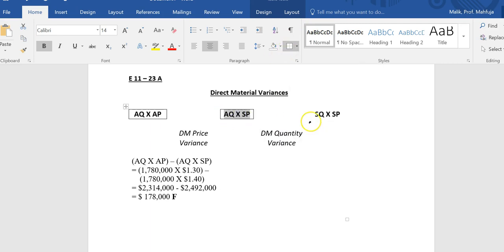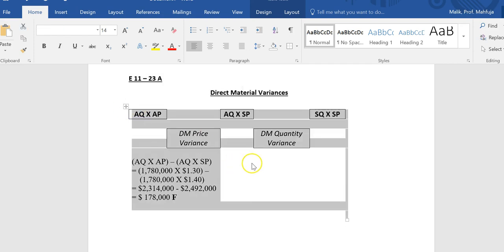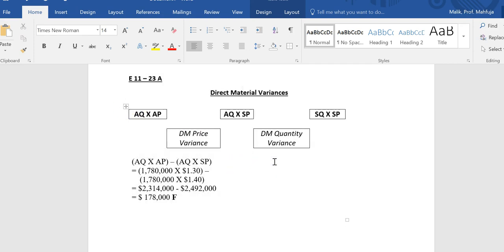Now we are going to compare the second versus the third box, and when we compared the first versus the second box, we called it direct material price variance. Now we are comparing the second versus third box and we will call it direct material quantity variance.